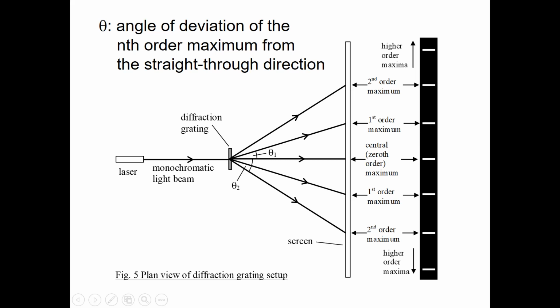But for grating, it's very sharp and focused at one position. The reason is because you have thousands of slits. So you have thousands of light waves reaching this point to give you constructive interference. So the intensity is definitely higher and the position is very precise.